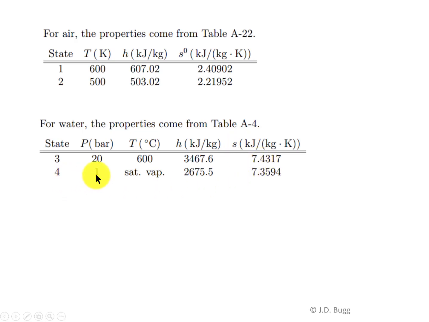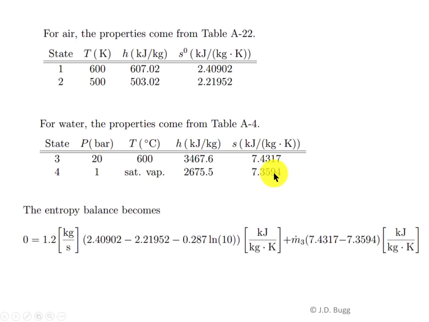And at 1 bar, we can get the saturated vapor values out of table A4 as well, and that's this value of enthalpy and this value of entropy. So now we have everything in that entropy balance except the mass flow rate. So we can substitute these numbers into the entropy balance and solve for this mass flow rate.